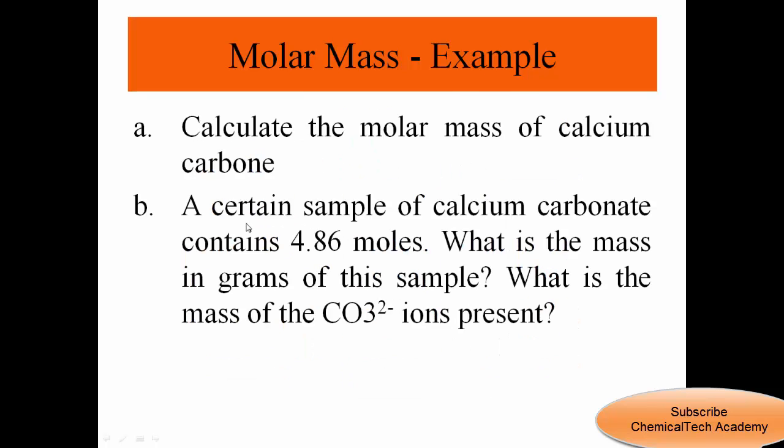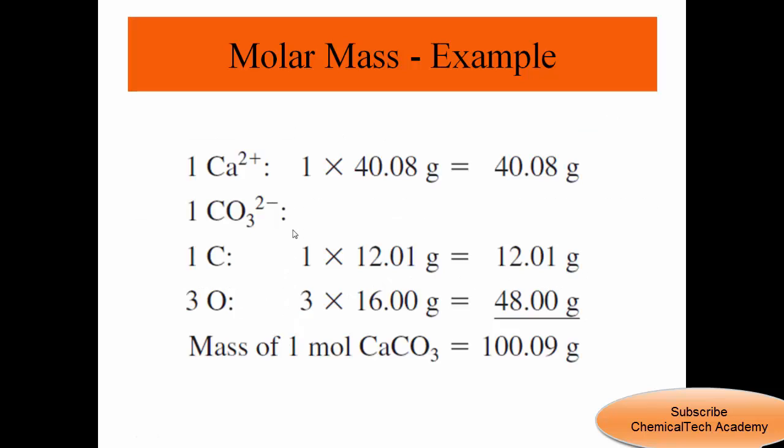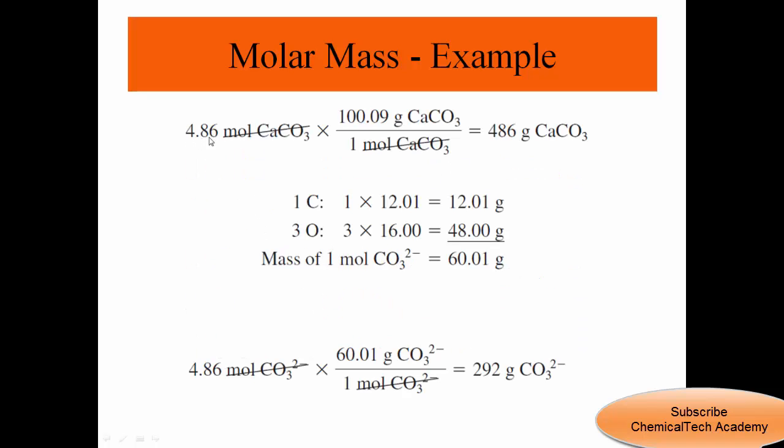For the second part we need to know the mass of this sample. It has 4.86 moles. We know the molar mass, 1 mole of calcium carbonate has 100.09 grams. So these two cancel each other, and the remaining is the mass of the sample, which is 486 grams.